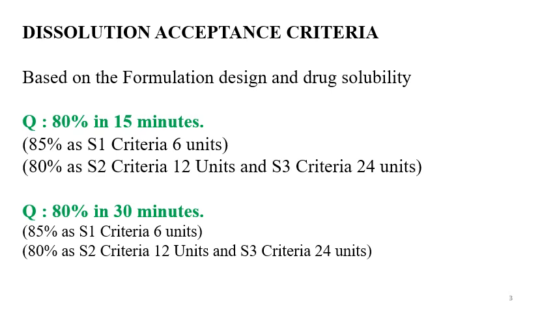A Q point of 80% in 15 minutes means it will be 85% as the S1 criteria on 6 units, 80% as the S2 criteria on 12 units, and the S3 criteria for 24 units. So always set the specification as per S2 criteria with a Q limit of 80%. That may be in 15 minutes or 30 minutes.